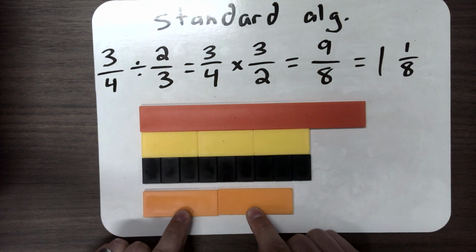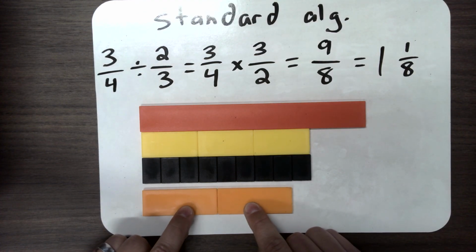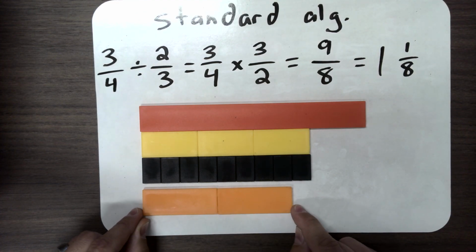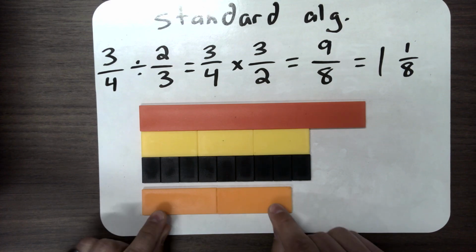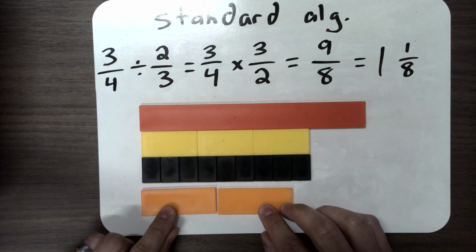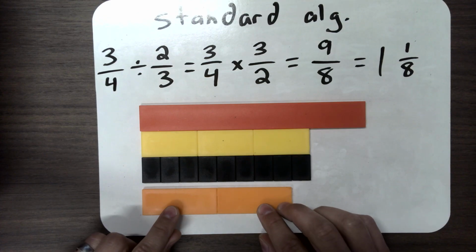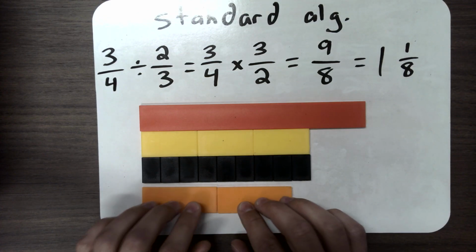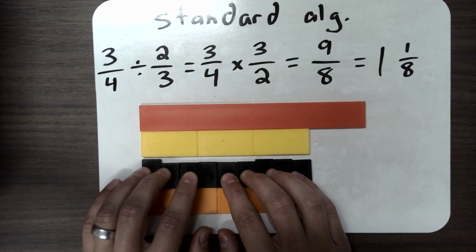Also, if we look at our group size, we originally had 2 parts that made up the whole of our new group size. I'm going to move these down a little.